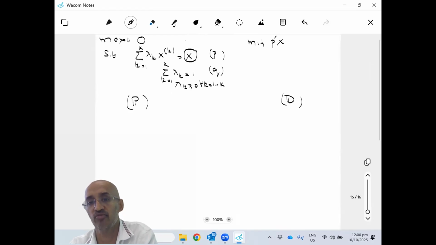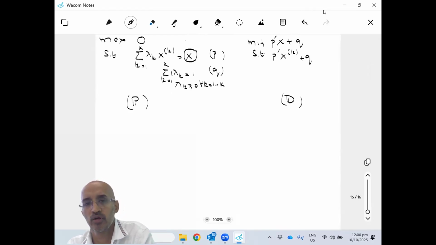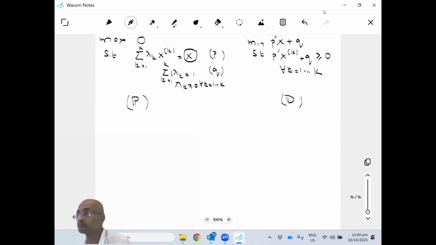So P transpose X plus Q, subject to P transpose Xk plus Q. This should be greater than or equal to 0 for all k going from 1 up to capital K. So that's the primal, that's the dual.